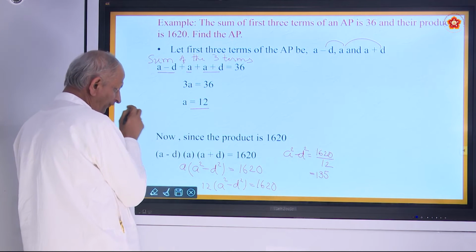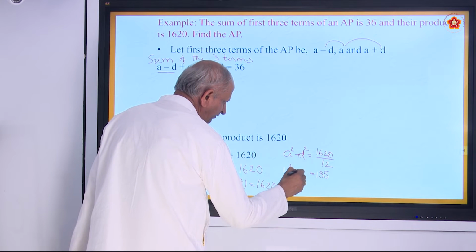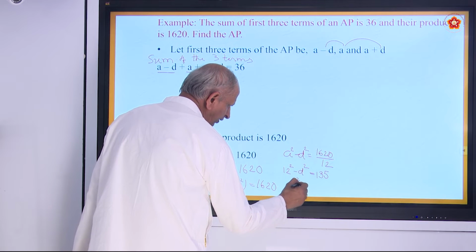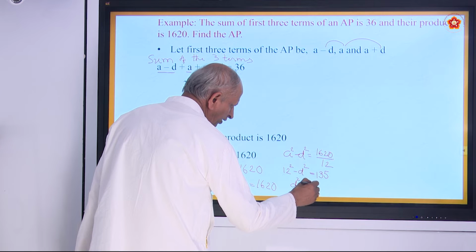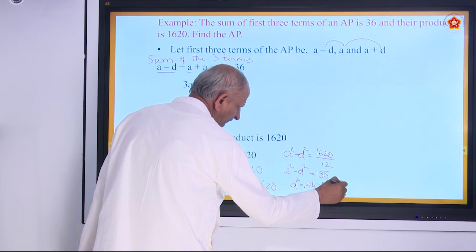In that, the value of A is given as 12. So 12 squared minus D squared is 135. So D squared is equal to 12 squared, 144, minus 135, that is 9.